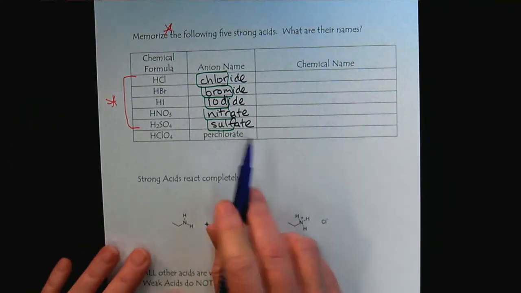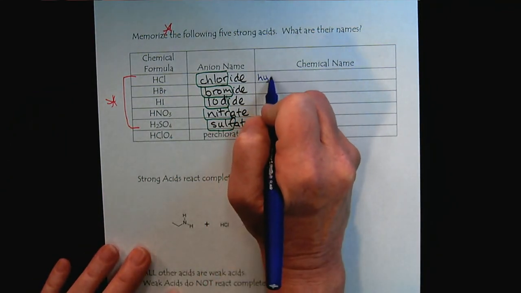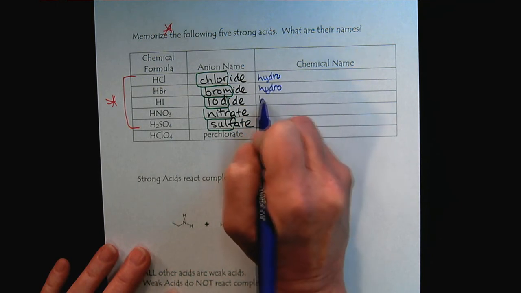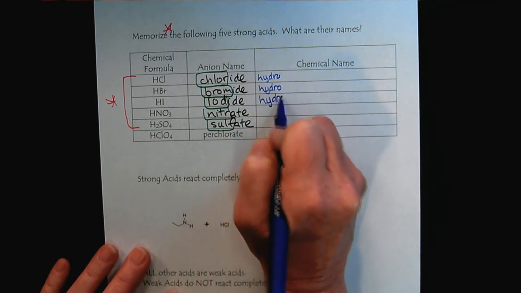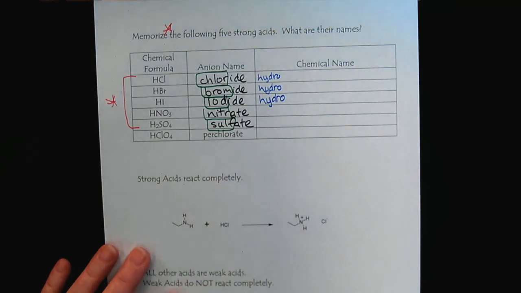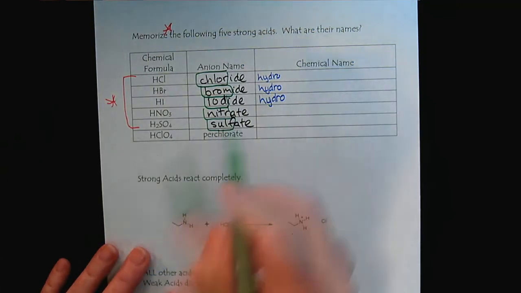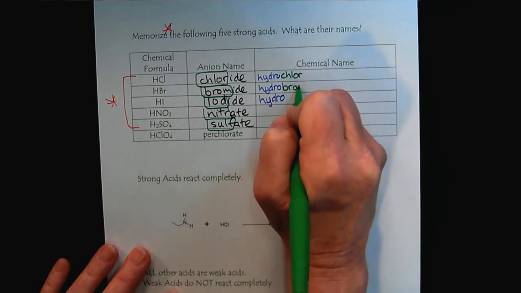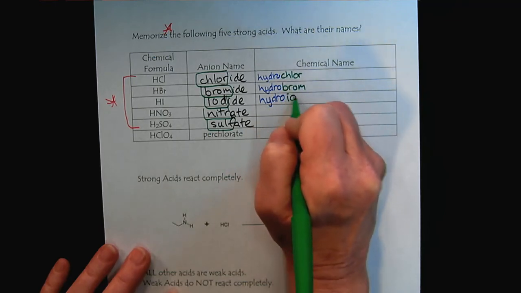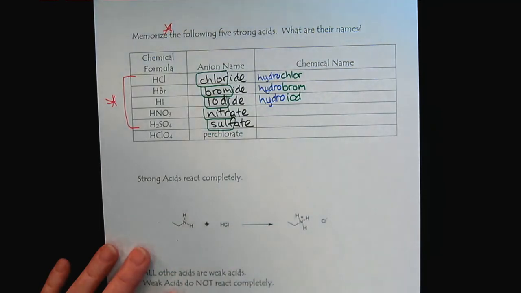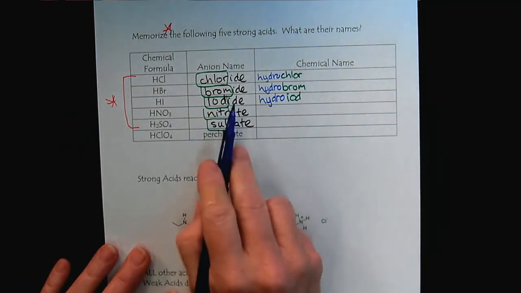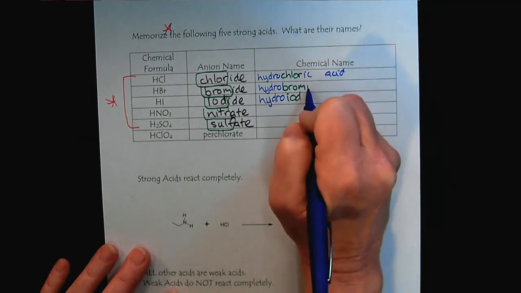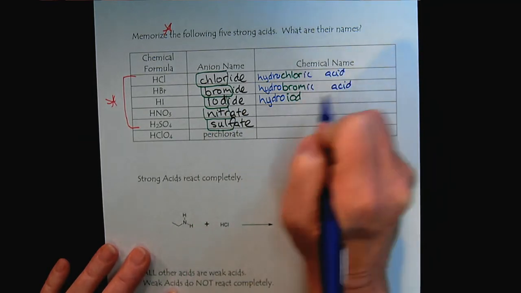So for the ides, these will all be the same. They're all going to start with hydro. And that hydro comes from the fact that they end in ide. They each have a unique stem: hydrochlor, hydrobrom, or hydroiod. And then the ide tells us they each end in ic acid.